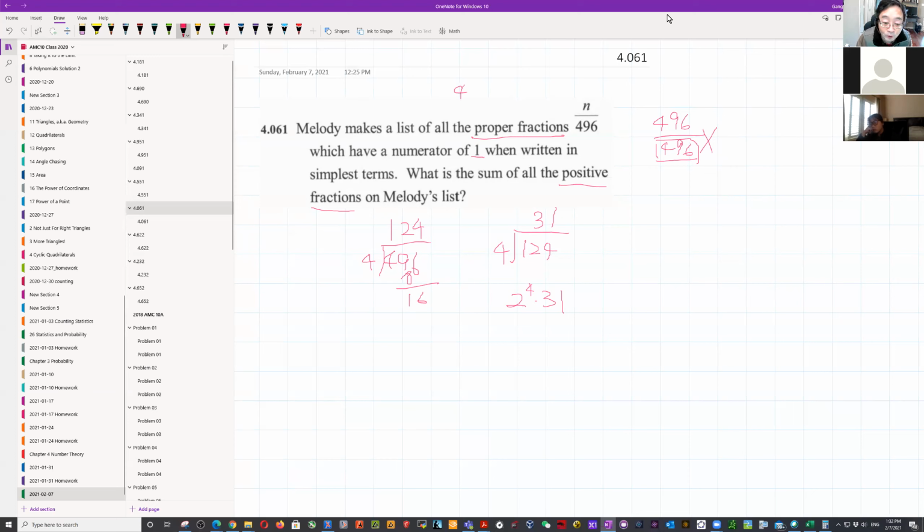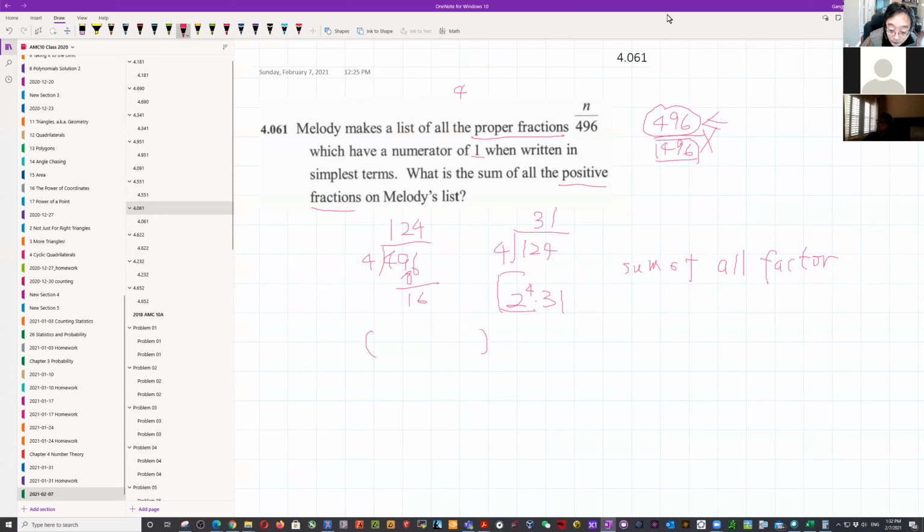So what is the sum of all the positive fractions? The sum of all the positive proper fractions is easier to do if I include 496. We take into consideration the sum of all factors, then subtract the number itself, and I will get all the proper ones.